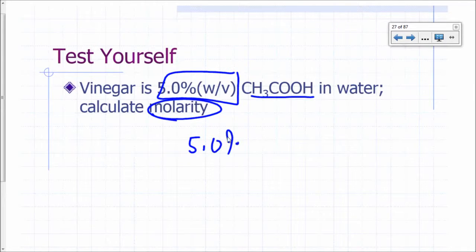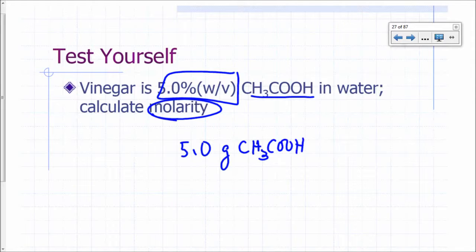What's another way of expressing 5% weight by volume? That is 5.0 grams CH3COOH per deciliter of solution.